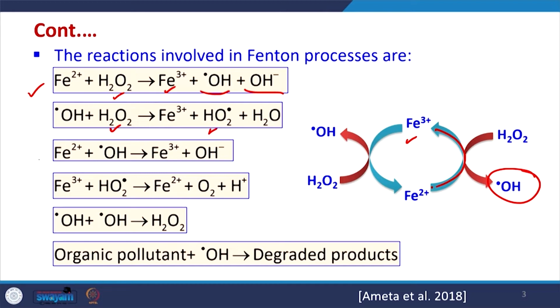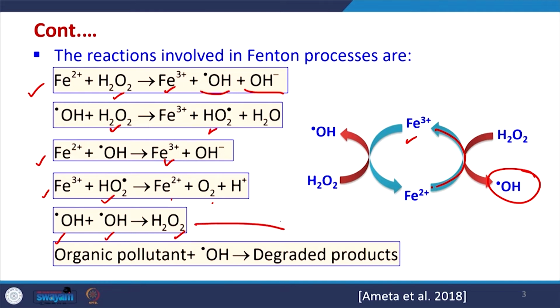Fe2+ itself may combine with the radical produced to form Fe3+. This Fe3+ can combine with the peroxy radical to form Fe2+ ion or O2. And OH radicals may combine to form H2O2. Some of these reactions are undesirable.